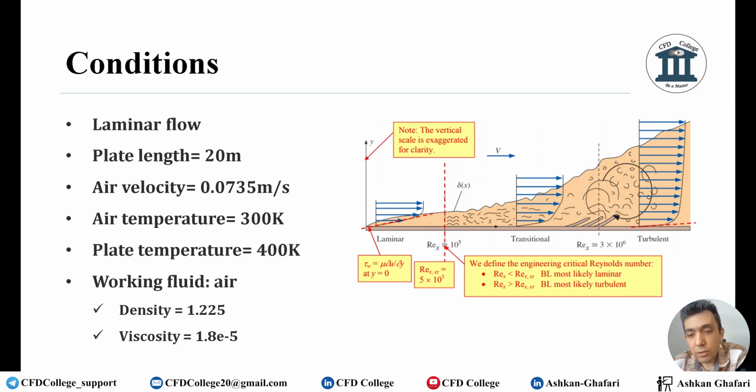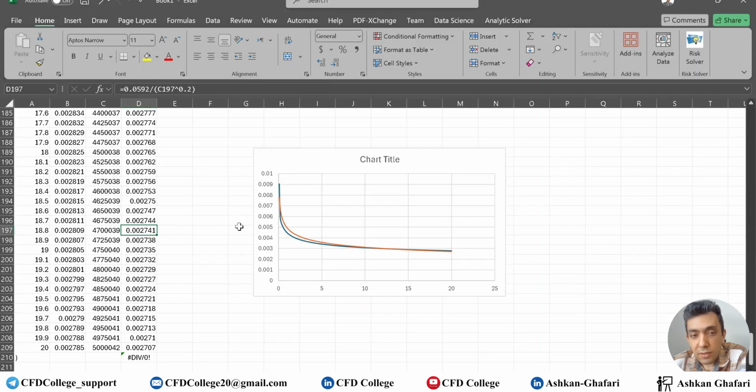So that's why you can see this difference here up to, for example, 5 meters. After that, we're okay. It's not a huge difference. But at the beginning, since the flow is laminar and we calculate it based on the equation which is valid in turbulent flow, we have a bit error.